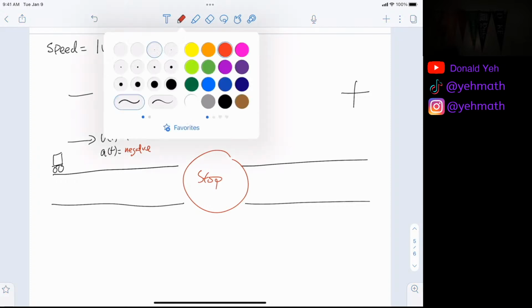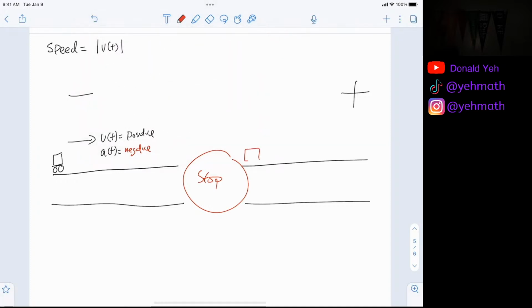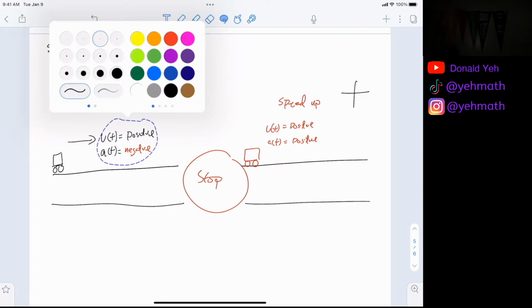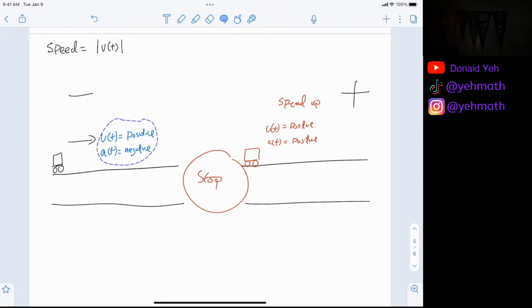Now, once you pass the stop sign, when your car is right here, what does it do? Positive acceleration and positive velocity, because this part is speeding up, and the part before is slowing down. The car is going to the right, they all go to the right.